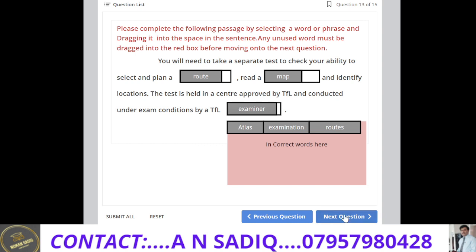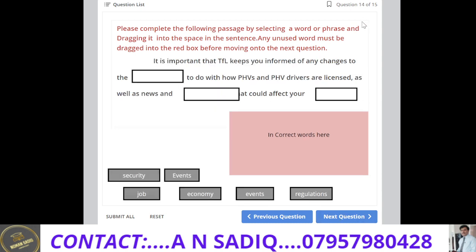Now let's jump to the next question. It is question number 14. The question is, it is important that TFL keeps you informed of any changes to the gap to do with how PHVs and PHV drivers are licensed, as well as the news and gap that could affect your, again there is a gap.